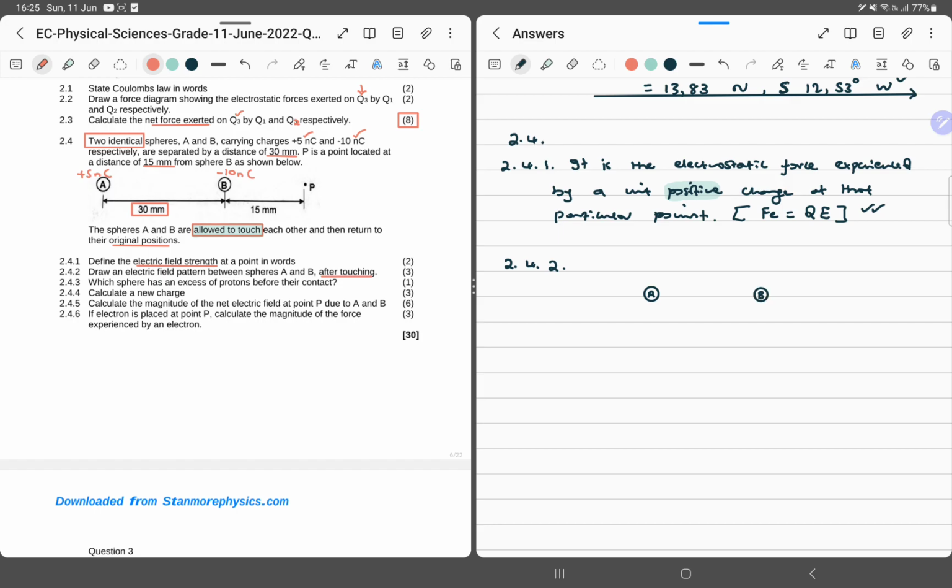After they touch, let's check what will happen. They will be negatively charged because we just simply add: 5 times 10 to the minus 9 plus minus 10 times 10 to the minus 9, and then we divide that by 2. So I'm getting minus 2.5 nanocoulombs. So they will both be negatively charged. Maybe we can indicate that somewhere.